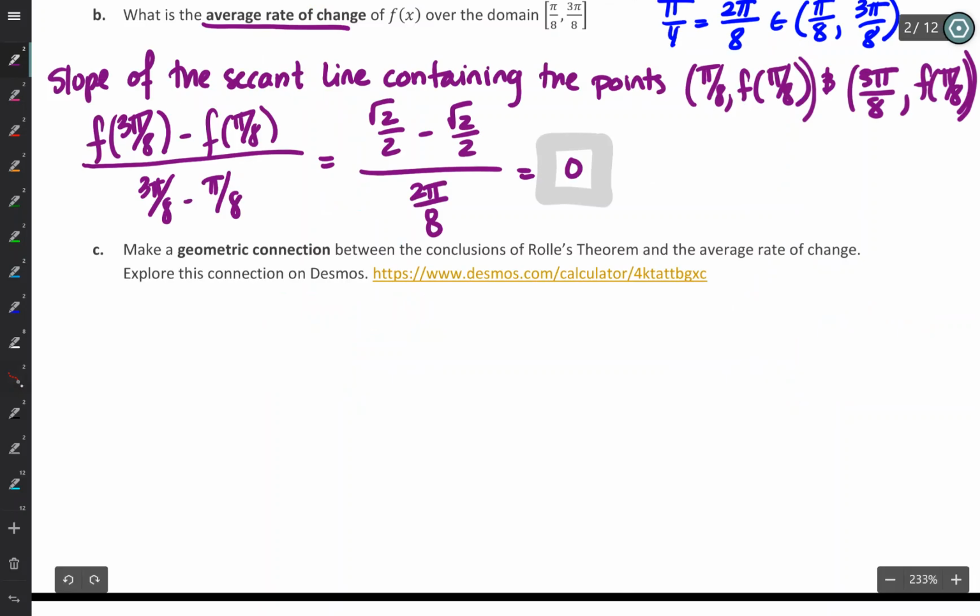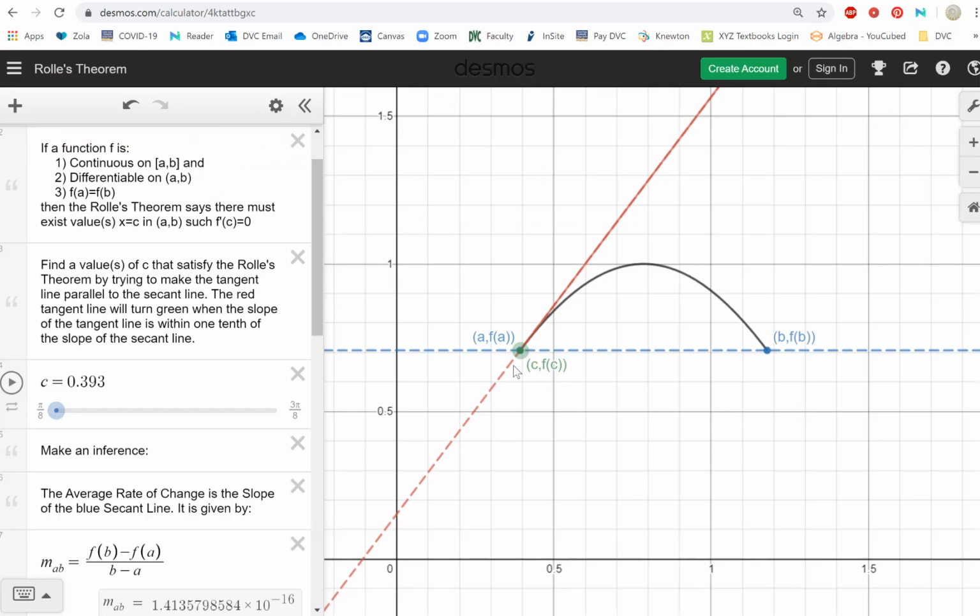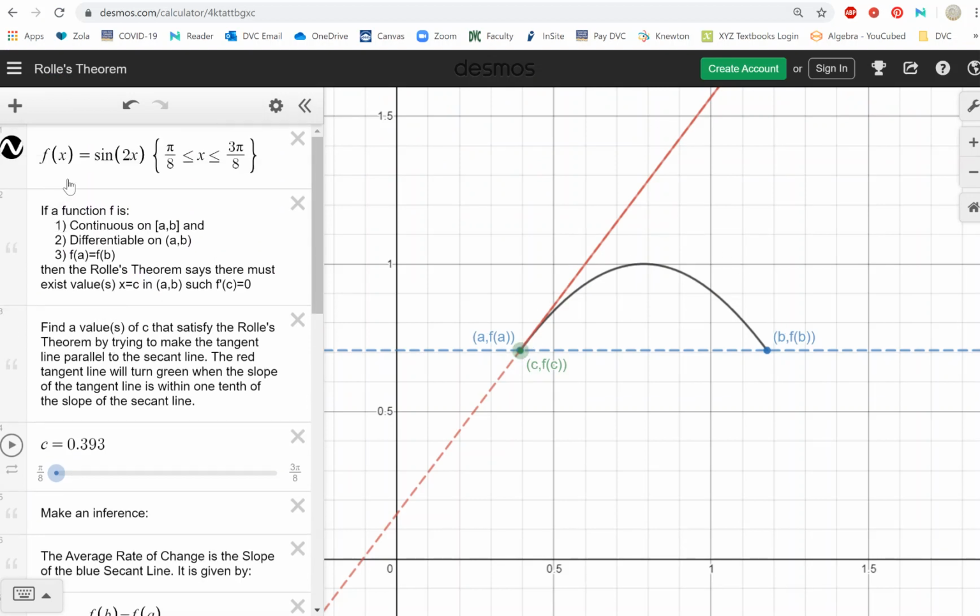Right? So now I want us to make a geometric connection, a visual, a graphical connection between the conclusions of Rolle's theorem and the average rate of change. And we've got an animation here to help us. All right? So here is my function y equals sine 2x restricted to that domain. It's that part of the curve. And as you can see that function is nice and continuous on its closed interval, and it's differentiable on the open interval.